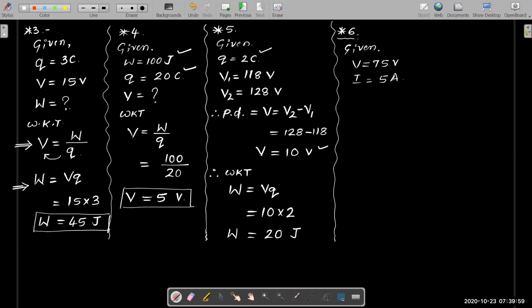What current will the heater draw if the potential difference is increased to 150 volt?